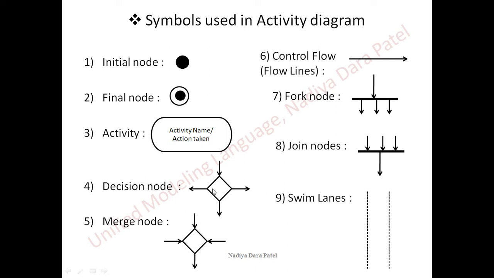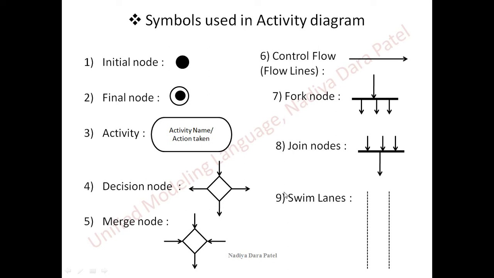Immediately after a decision node you can place a merge node, but if it is difficult for you to understand when to place that merge node, if you have multiple decisions in your activity diagram, you can have only one merge node. If you have multiple forks, you can have only one join node. If it is difficult to find where to connect them, you can connect them just before the final node.